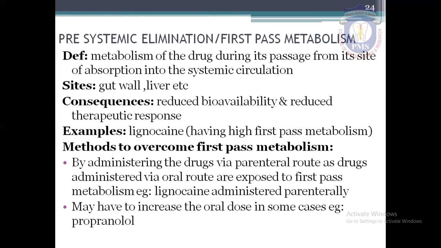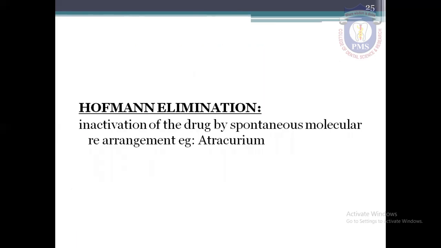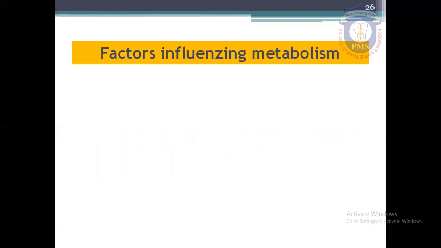Or in some cases, we have to increase the oral dosage for some drugs such as propranolol. Then about Hofmann elimination. There is inactivation of the drug by spontaneous molecular rearrangement. Example is atracurium.